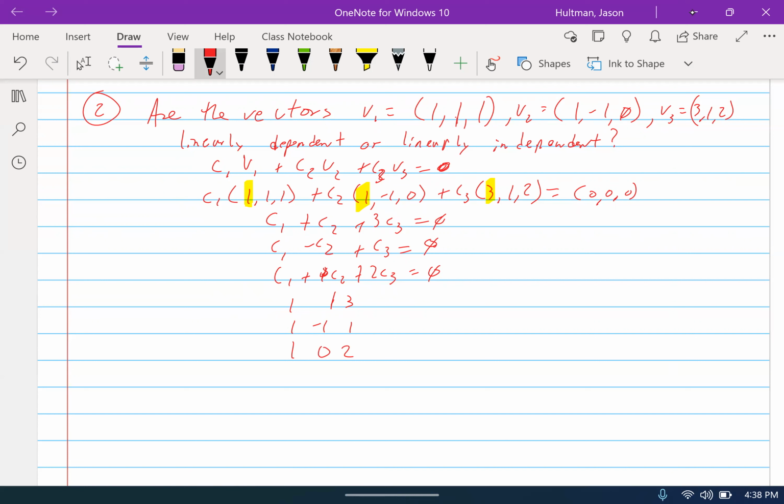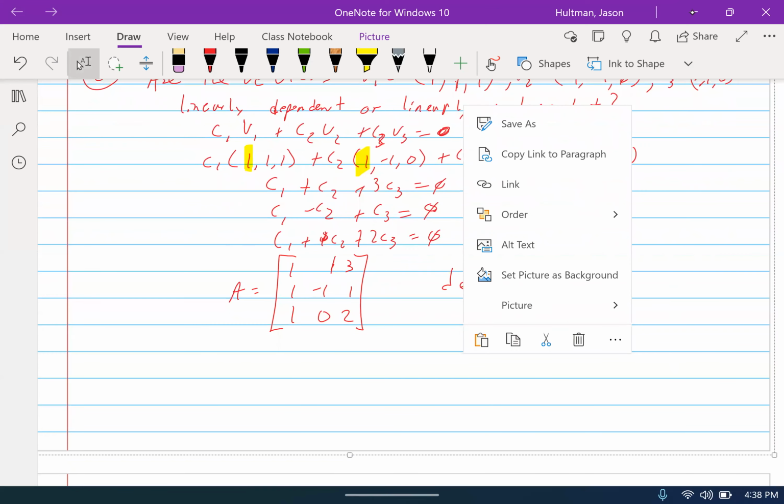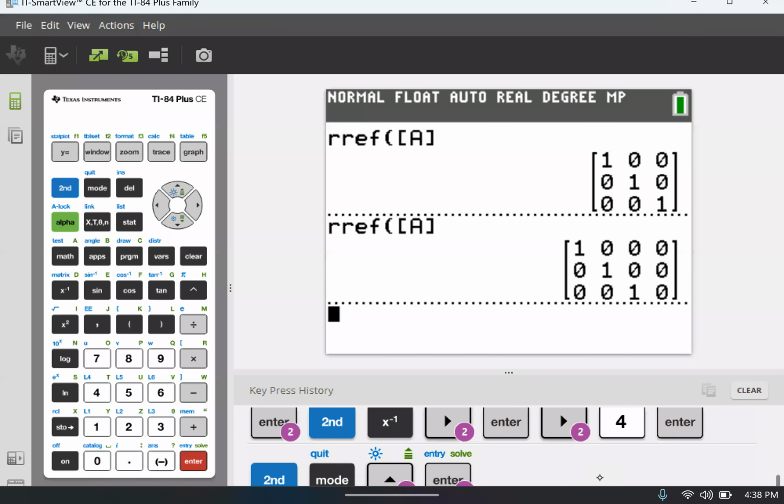Okay, so that's what A is. And so what is the determinant of A? I could plug that in the calculator.